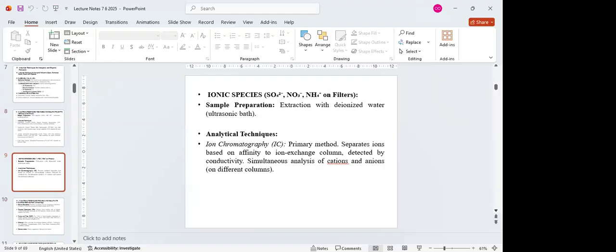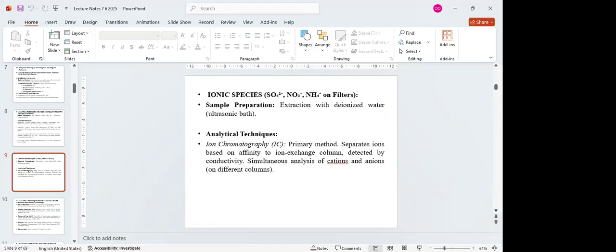Now, for the ionic species like SO4 2-, SO3-, NH4+, that are deposited on filters, we prepare them by first extraction with deionized water. That is, when they have been trapped or collected, we extract with deionized water.